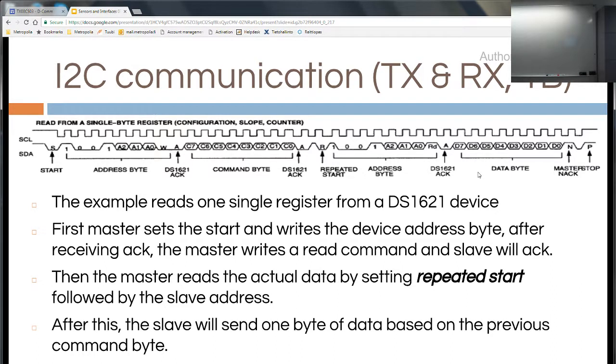So you can also have a command. It starts by a write payload, listening for acknowledgement, then a repeated start condition, which means you also need to set the address, listen for acknowledgement, but then it's a read signal. After that, read the data.